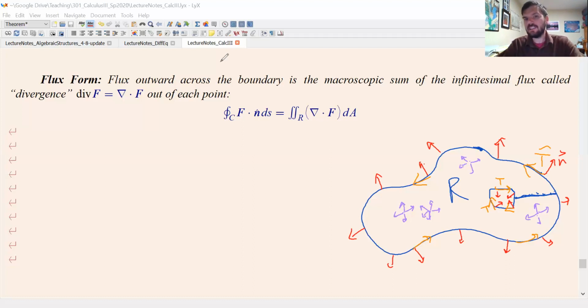And so what we're asking is, how much is this vector field pushing out of the region, either out on the outside boundary, or pushing in to some hole inside the region?